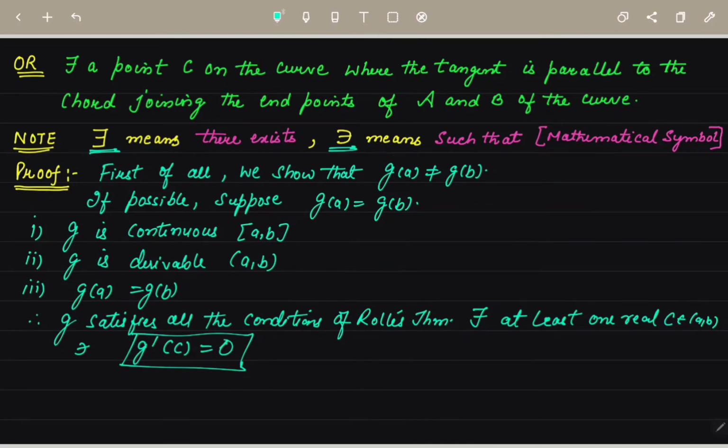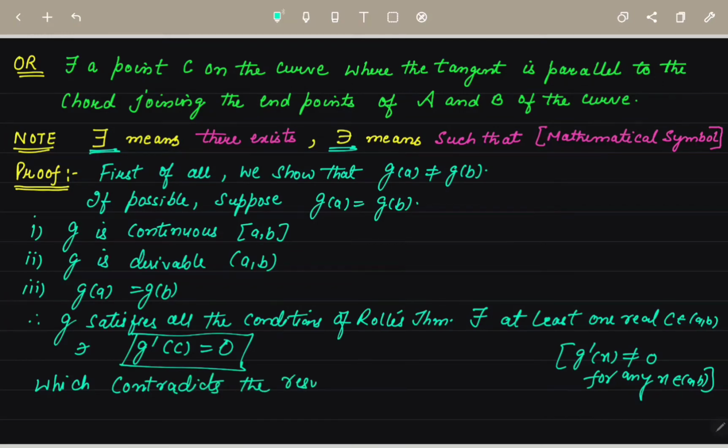But as per the third condition of Cauchy's mean value theorem, g'(x) is not equal to 0 for any x in the open interval (a, b). So this contradicts the result that g'(x) is non-zero for any x in (a, b).